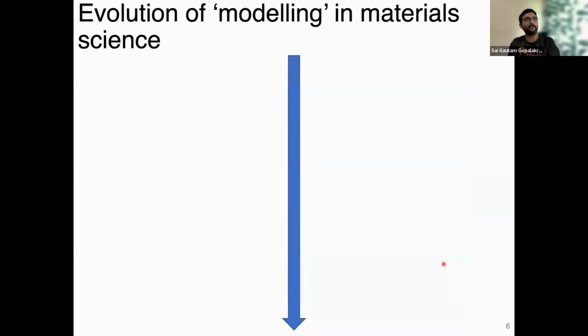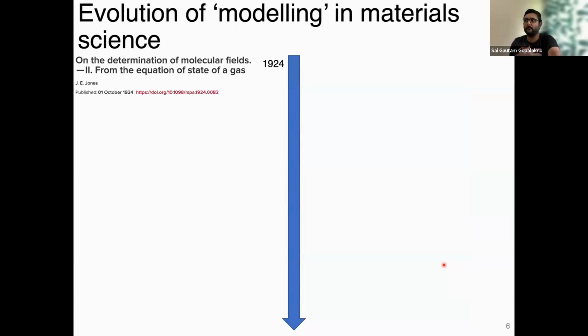So with that context, I just wanted to give an evolution of how modeling, simulations, and computations within materials have evolved over the last century or so. Because machine learning may be a fairly new thing to material science, but modeling in general is not new. It's a fairly old area. I would say one of the starting points of modeling within materials is the formulation of what is called the Lennard-Jones potential.